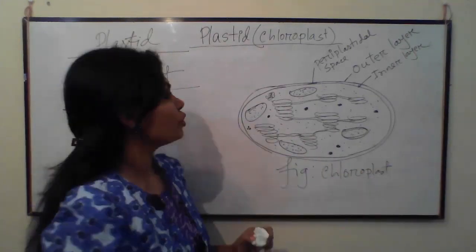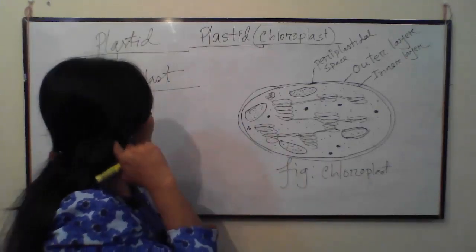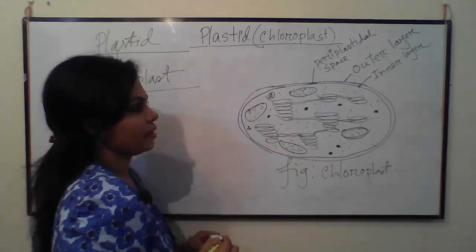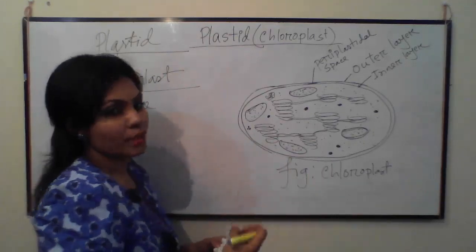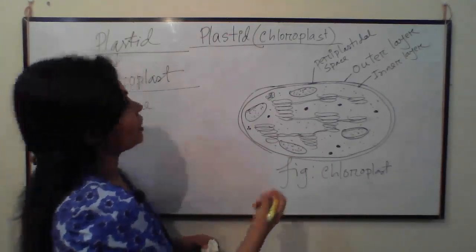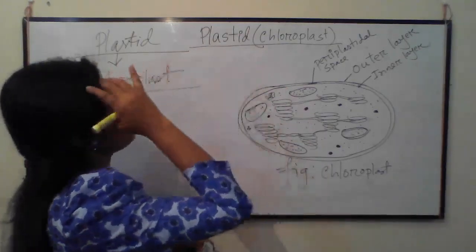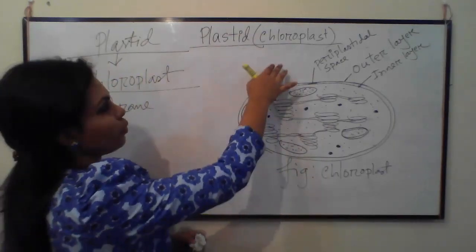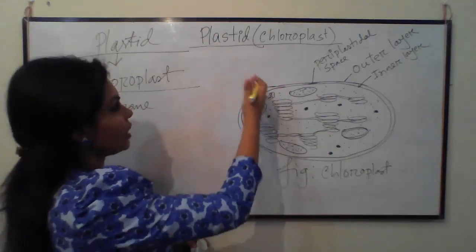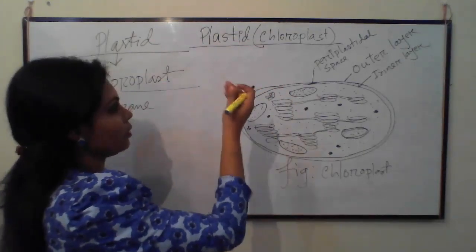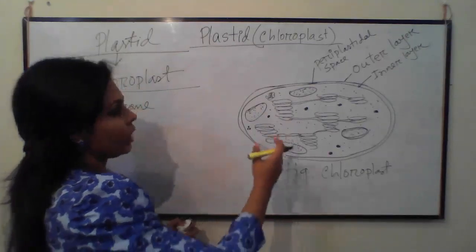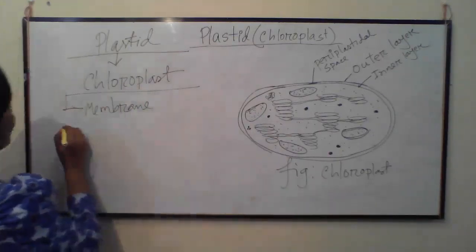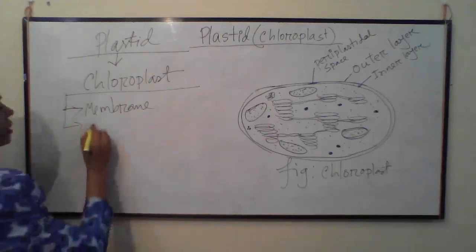My request to those who are watching is that you must try to understand, because at last we will go to the summary and review what I told: plastid is an important organelle of a plant cell, and chloroplast is one kind of green plastid, and it has some structures. Okay, finished membrane. Now, let's talk about stroma.